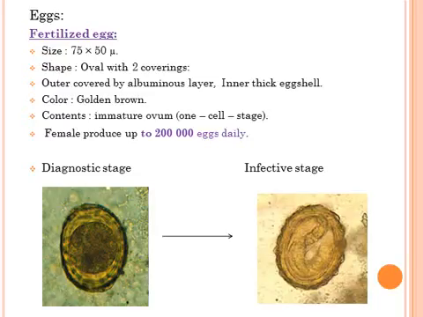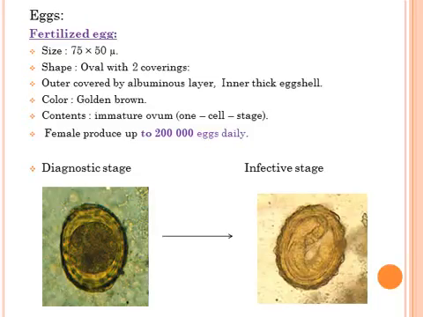Okay, the eggs or ova stage. After multiplication between male and female, the fertilized female produces fertilized eggs. Morphology of the egg: the size is about 75 by 50 micrometers, the shape is oval with 2 covering layers, the outer covered by an albuminous layer and the inner a thick eggshell.